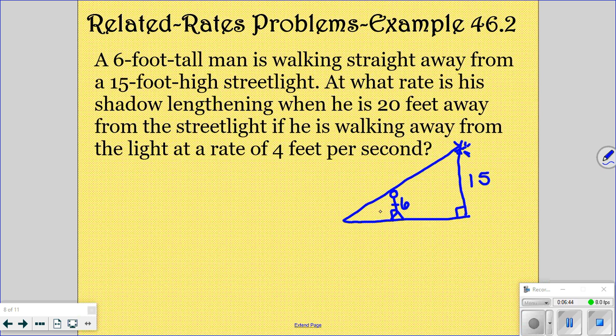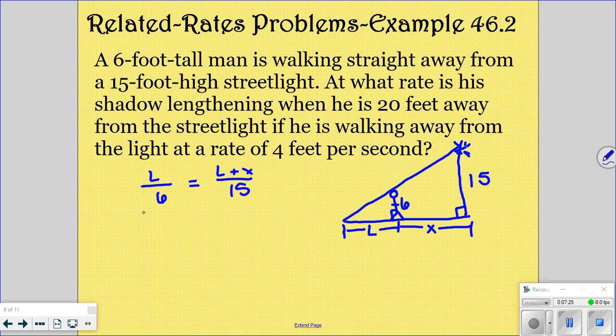I'm going to label this one here as L, and this one here as X. So from here is X, and then from here to here is L. So if we set up proportions, L over 6 would equal L plus X over 15.